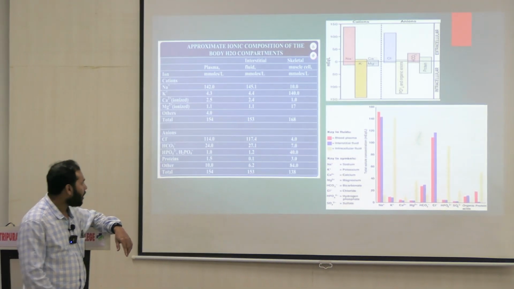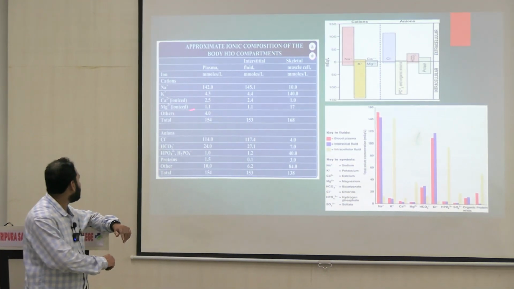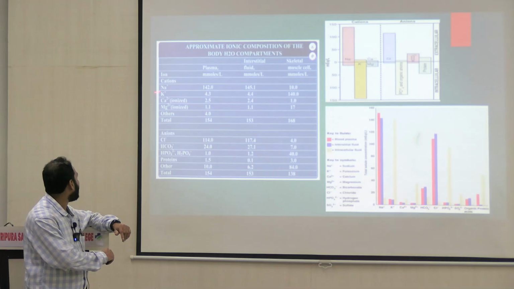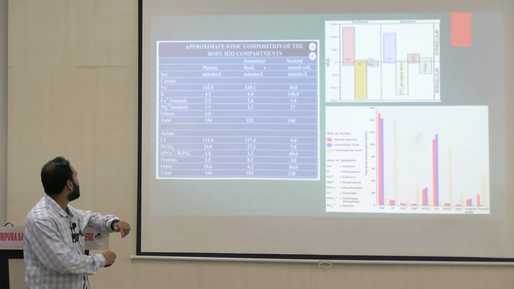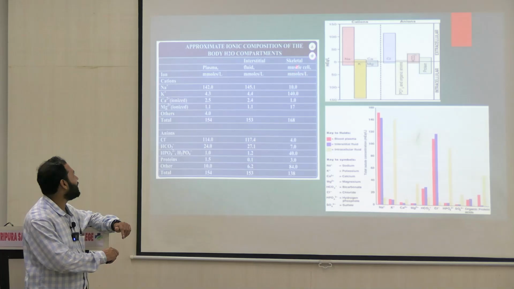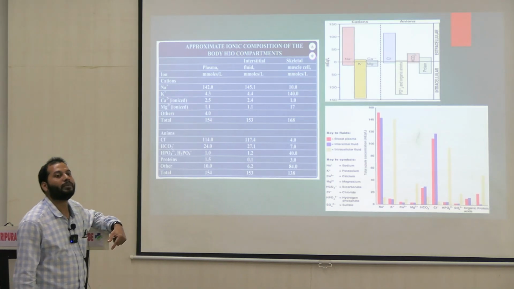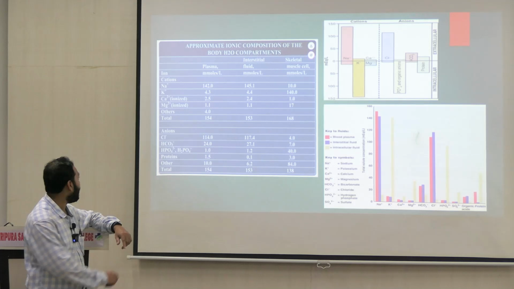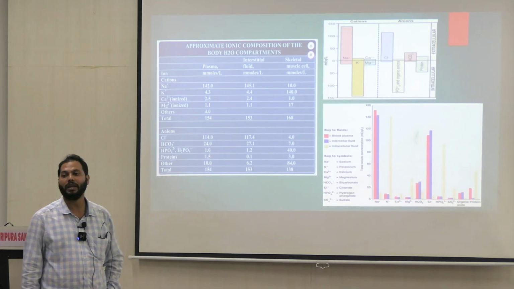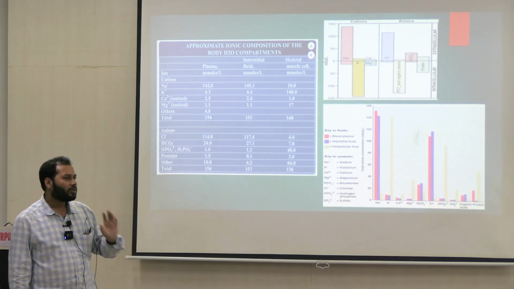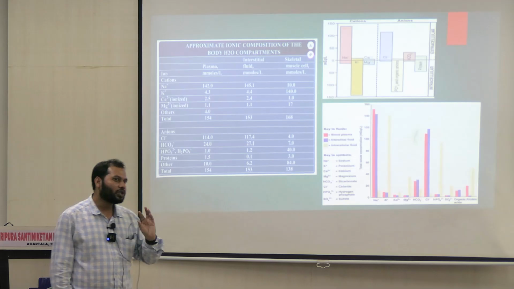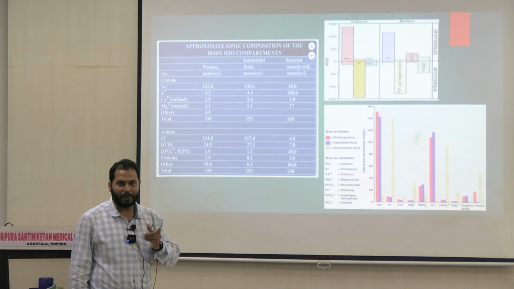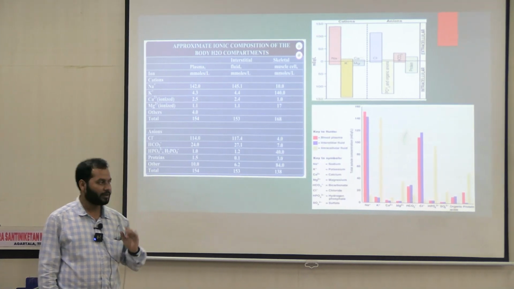Whereas the potassium ions, in this part, in the skeletal muscle cell, that is, inside the muscle cell, in intracellular fluid, it is around 140 millimoles per liter. This helps us know the distribution pattern of the cations.